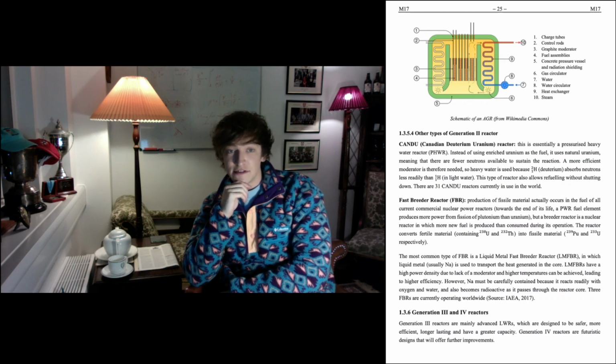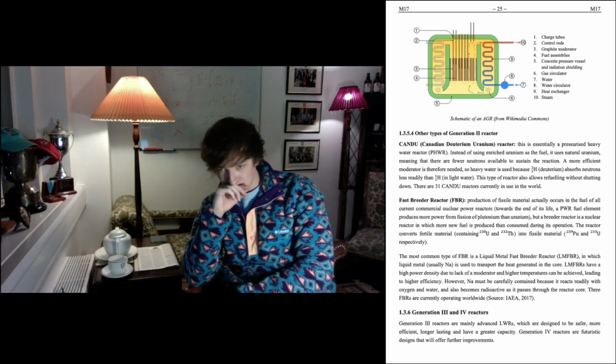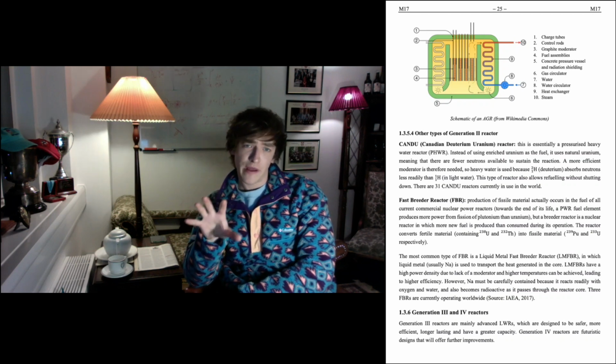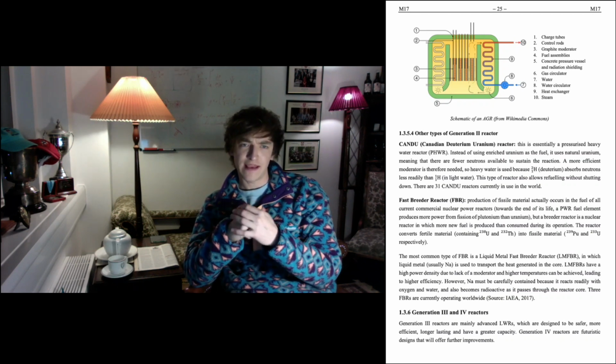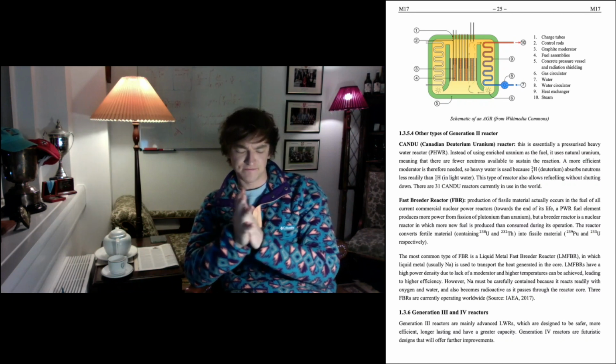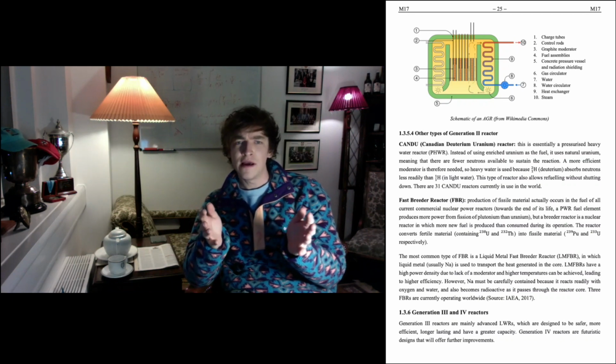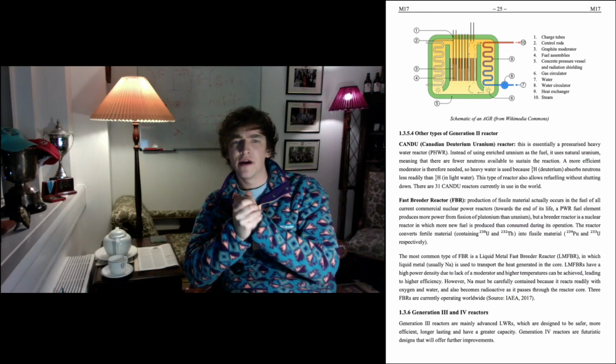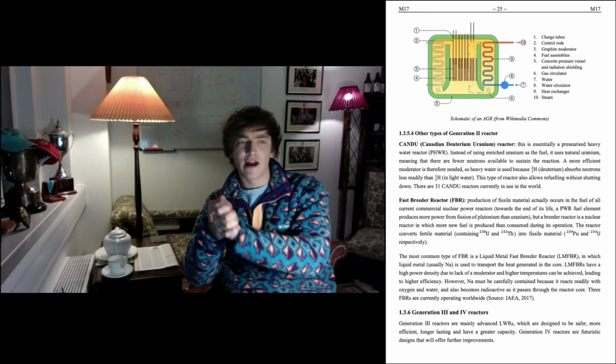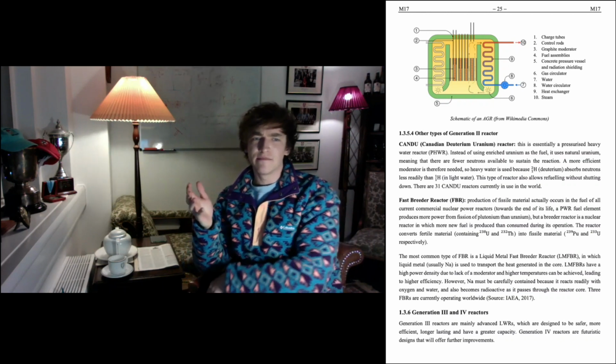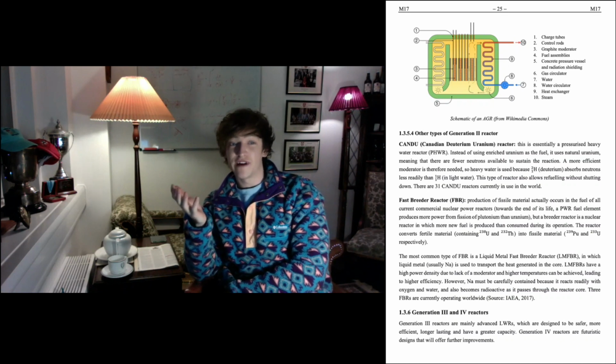There are others, such as the CANDU reactor. So I'll just talk briefly about the CANDU reactor and the key advantages. They're called CANDU because CANDU basically stands for Canadian Deuterium Uranium Reactor, which is essentially a pressurized heavy water reactor.